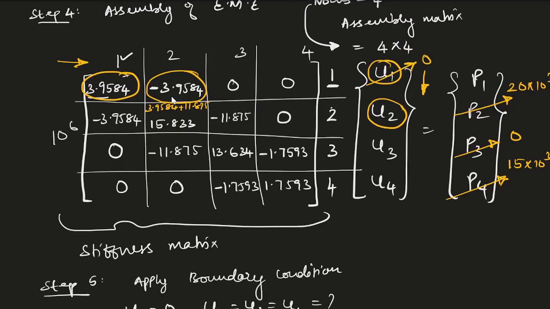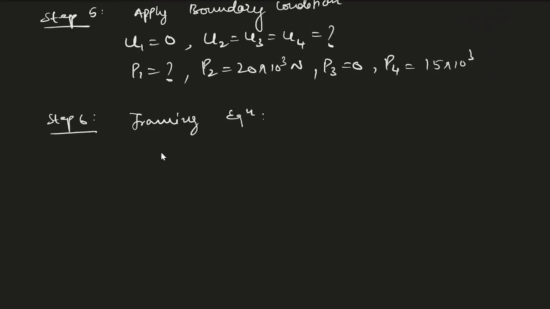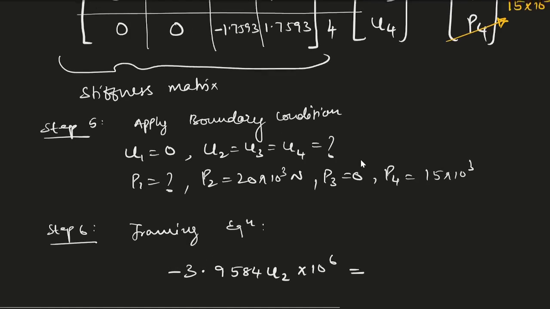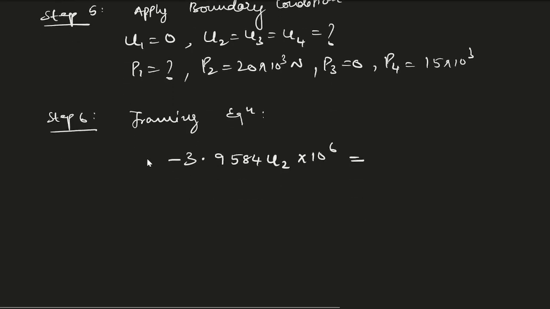Now minus 3.958 u2, and we had 10 power 6 outside, so it becomes 10 power 6. The other two values are 0, so multiplied with 0, 0, this is equal to the first row, that is P1.